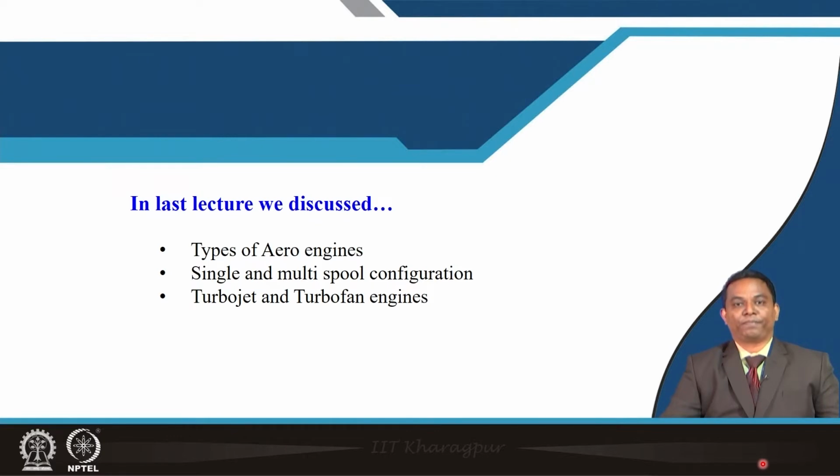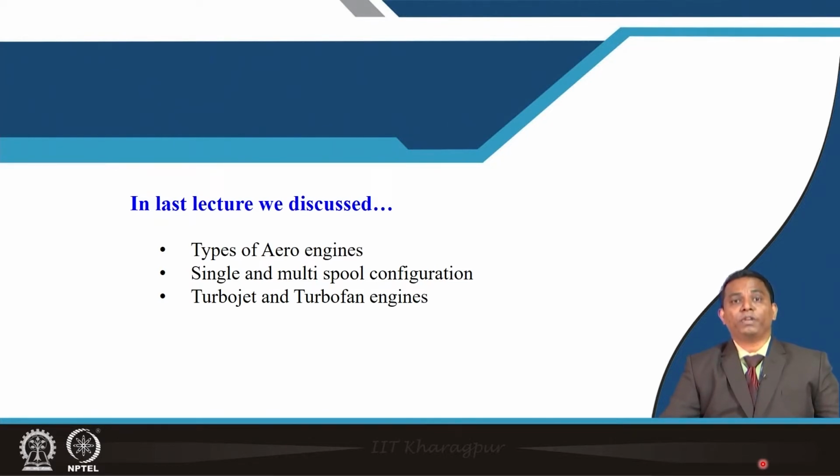multi-spool configuration. You may be aware of the performance map of a compressor, where we discussed that when the compressor is rotating at low speed, there are chances for the front stages to stall or go into surge. In the same way, when it is operating at high speed, the rear stages go into surge condition.